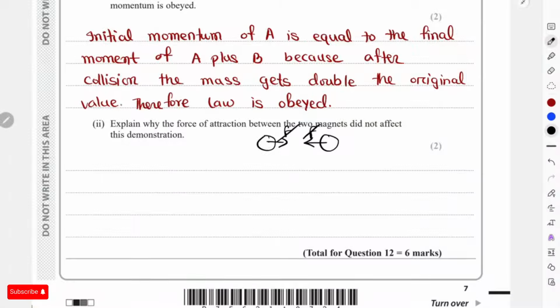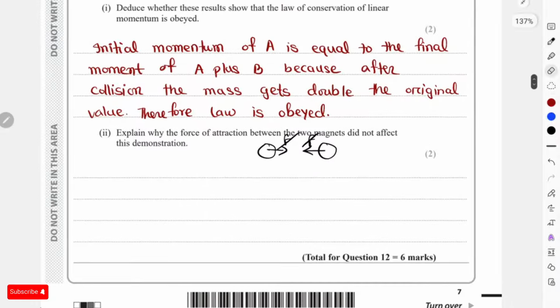So eventually the magnetic forces don't have any effect over here. So we'll write the answer that the gliders are accelerating in opposite directions because the magnetic forces are equal in magnitude but opposite in direction. And according to Newton's third law, the resultant force on the system is eventually zero, right?